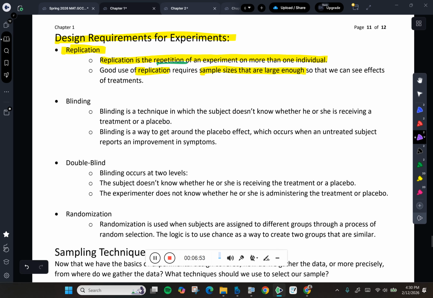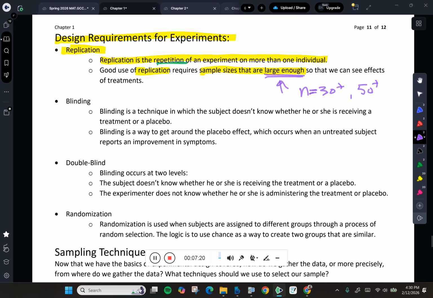Now, I know what you're thinking. What does that mean, large enough? How large is large enough? Well, when we get later into the book, later into the semester, we'll actually come up with ways to measure that. For right now, 30 plus, 50 plus, something like that, a large enough group where we can say, yeah, there's some statistical validity to this.